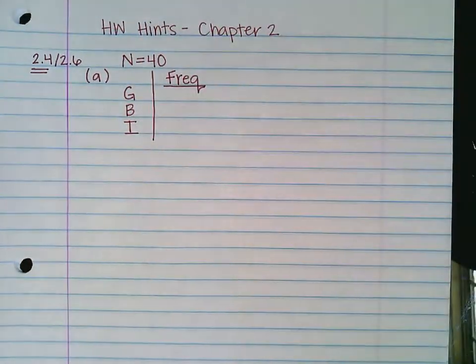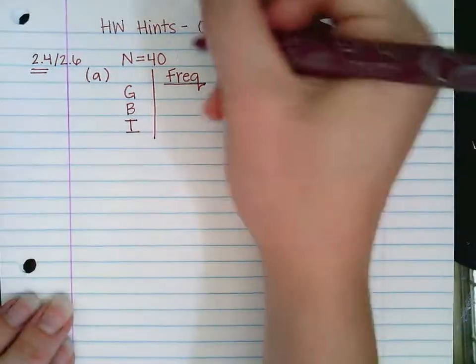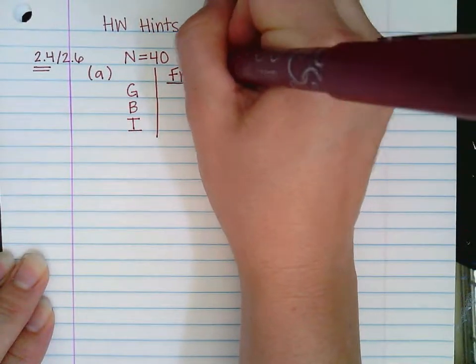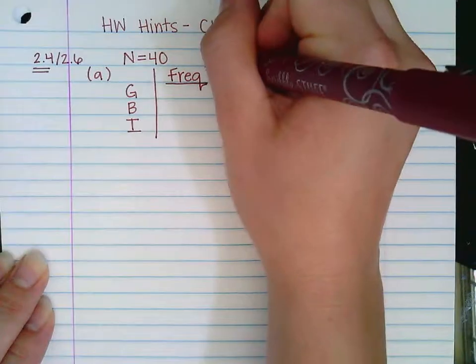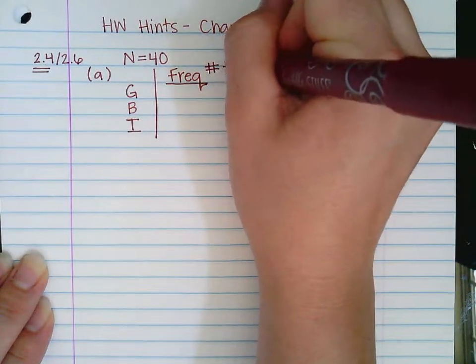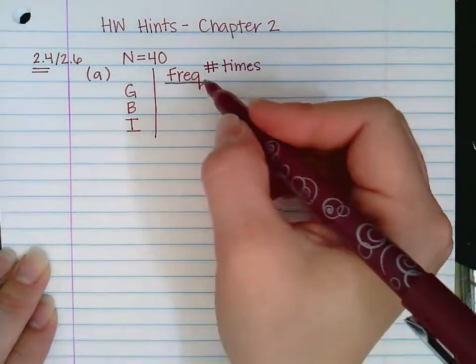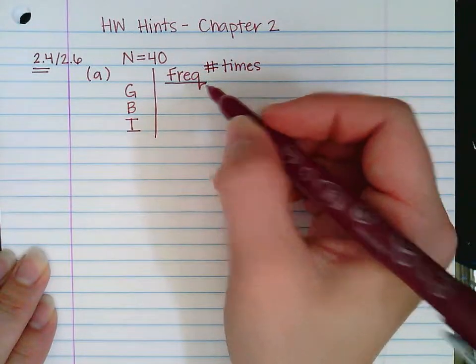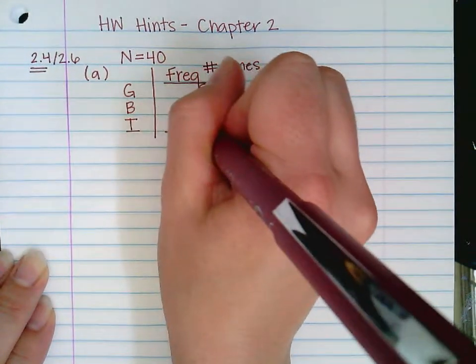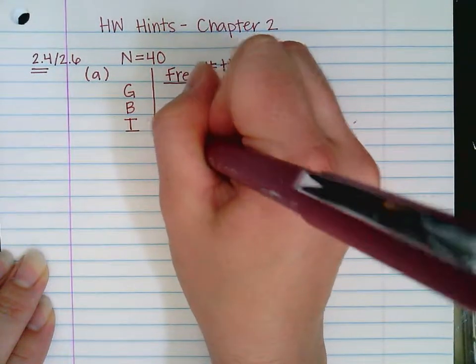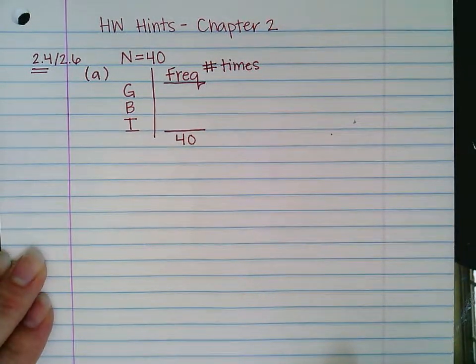Now, the thing about the frequency table, frequency is just a fancy word for number of times. And in our frequency table, the one way we can check our answer in the end is this column should add up to our total of 40.